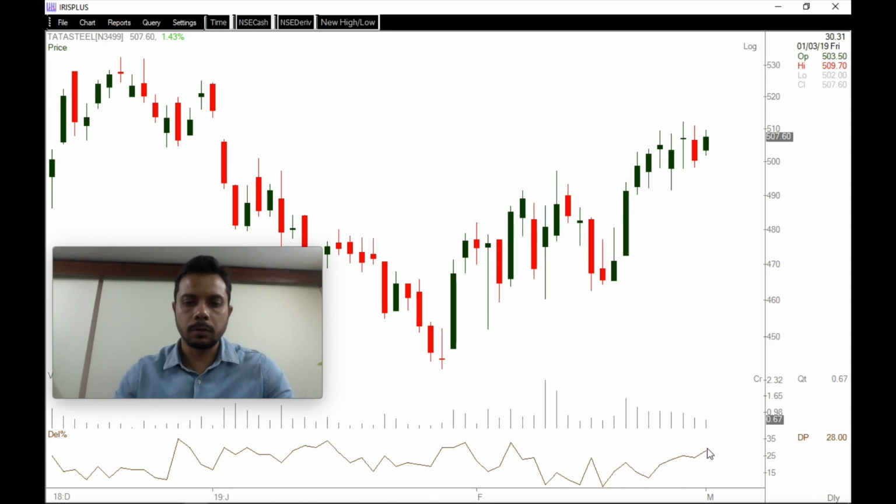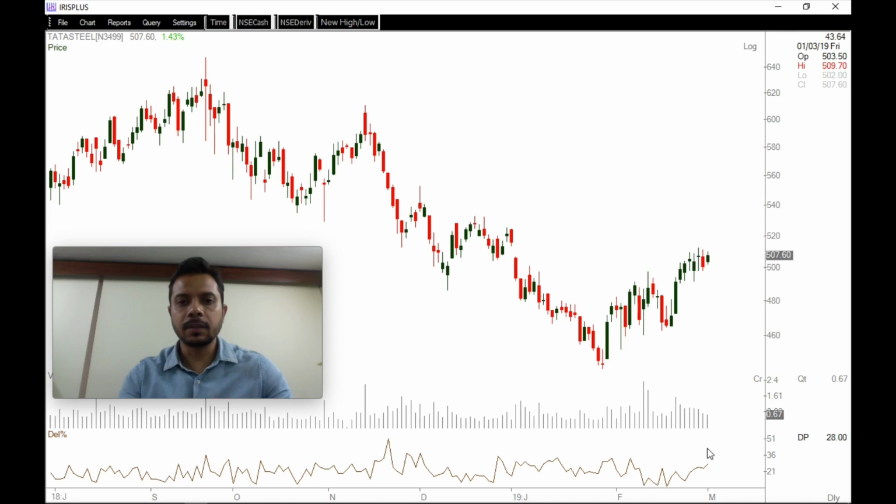So of course, logically, if this delivery percentage number is on a higher side, then it means that a larger portion of the traded volumes have been delivered, taken back home, and it means that probably and surely those who have taken it back home would have a slightly larger perspective and they would expect that in a slightly larger time frame the stock is going to appreciate and go further up.